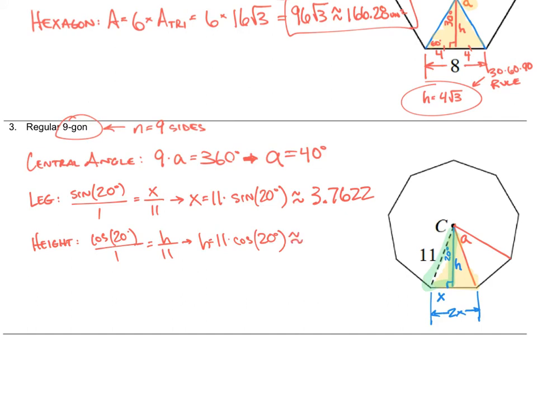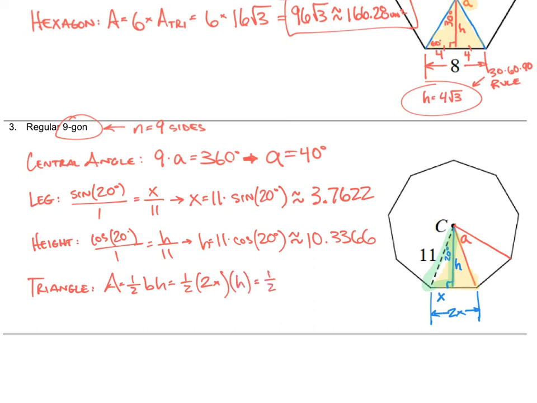And that calculation gives us the approximate value of 10.3366. Okay, so I think I have all the dimensions I need to calculate the area of that central triangle. Let's go ahead and do that now. The area of a triangle is 1/2 base times height. So that's going to be 1/2 times, remember that's 2x for the base of that central triangle, times height.